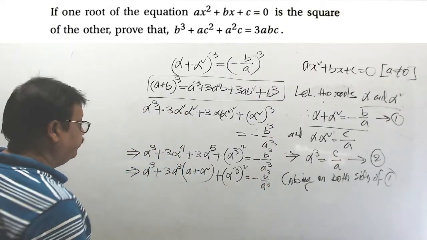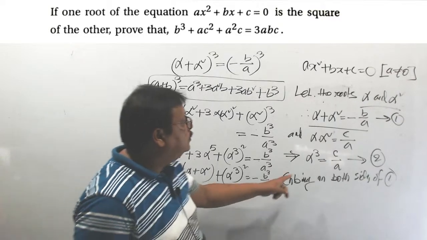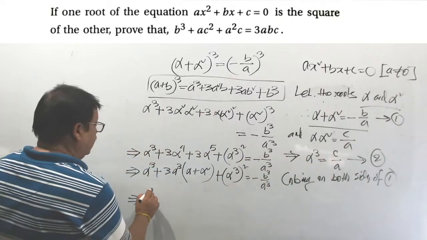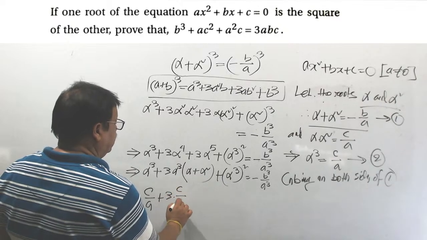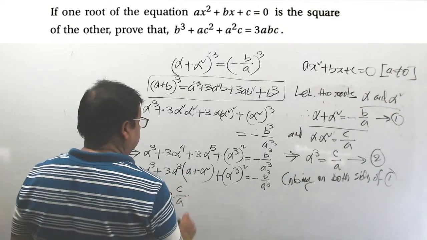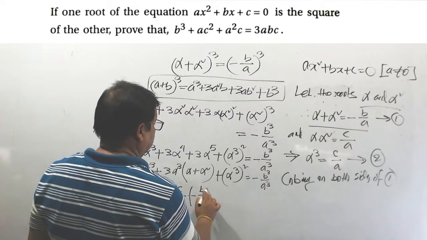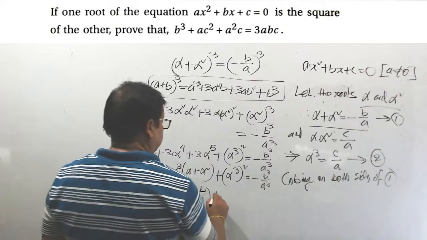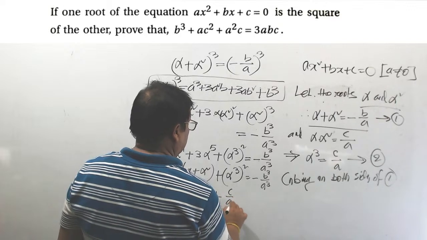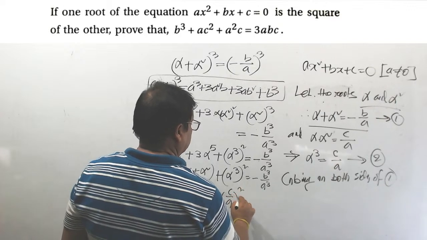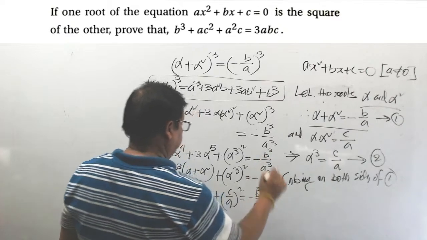Clear? Alpha cube value is c by a, so c by a plus 3 into c by a into alpha plus alpha square, minus b by a, plus c by a whole square, this is equal to minus b cube by a cube.